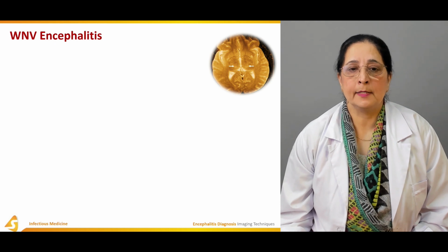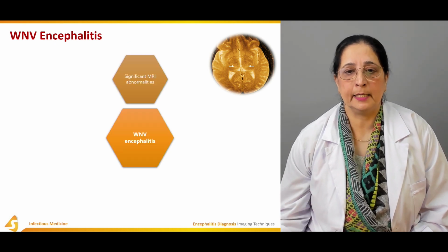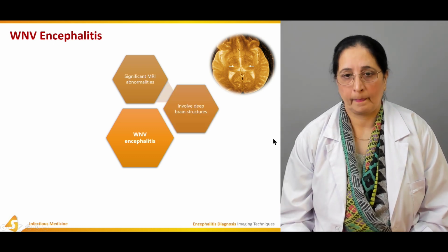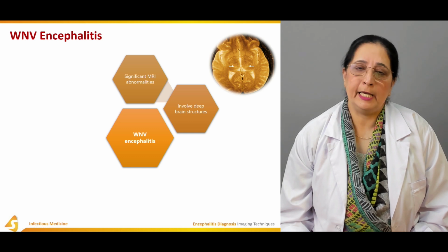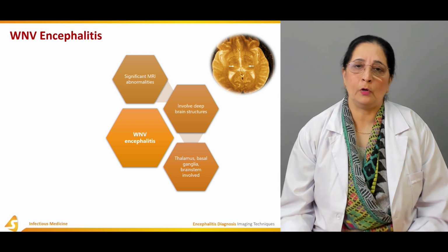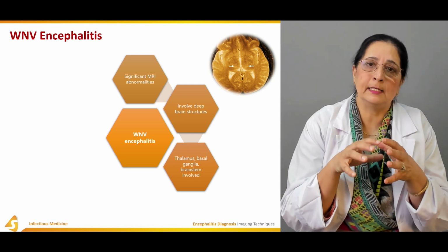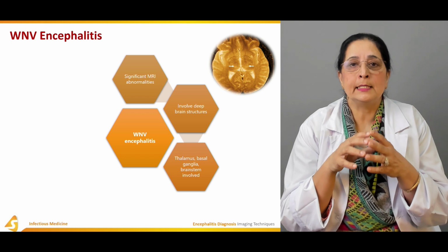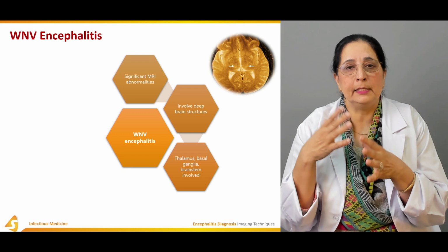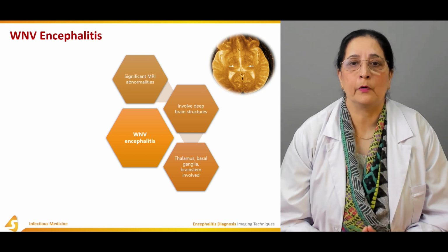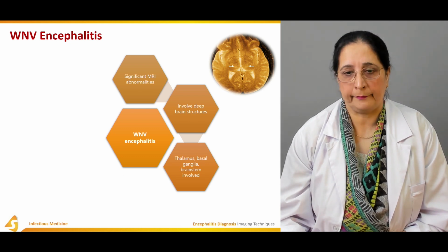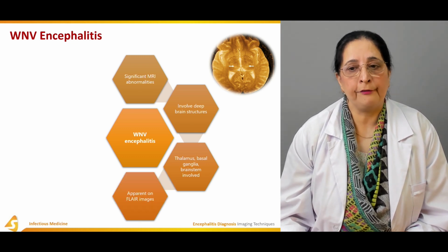In West Nile virus encephalitis, significant MRI abnormalities are present. They involve deep brain structures: thalamus, basal ganglia, brainstem. So all these deep structures are affected in West Nile virus encephalitis, as compared to herpes simplex, which involved the temporal lobe or frontotemporal region. It is apparent on FLAIR images.